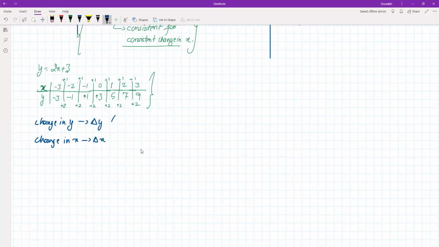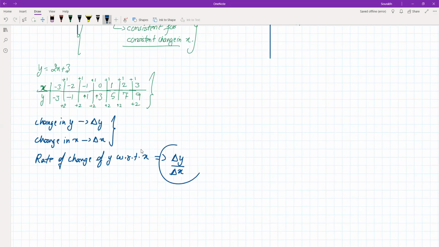So this is to represent change in y and change in x. So when we say rate of change of y with respect to x, that means we are talking about delta y, that is change in y, divided by change in x, that is delta x. This is the rate of change of y with respect to x.